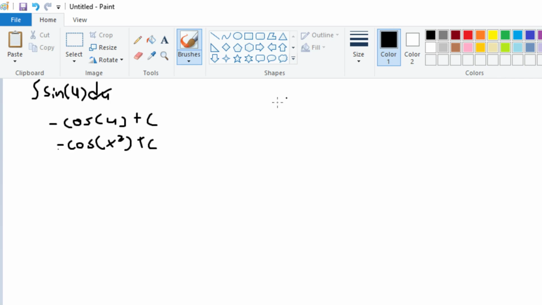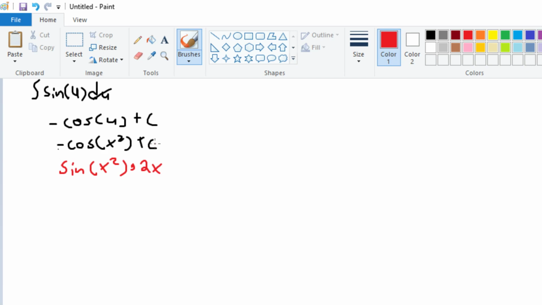Okay? So we have negative cosine. The derivative of negative cosine, here I'm going to use a different color, is sine, and that had x squared, times the derivative of x squared, which is 2x. Then remember, this plus c, that c was just a number.